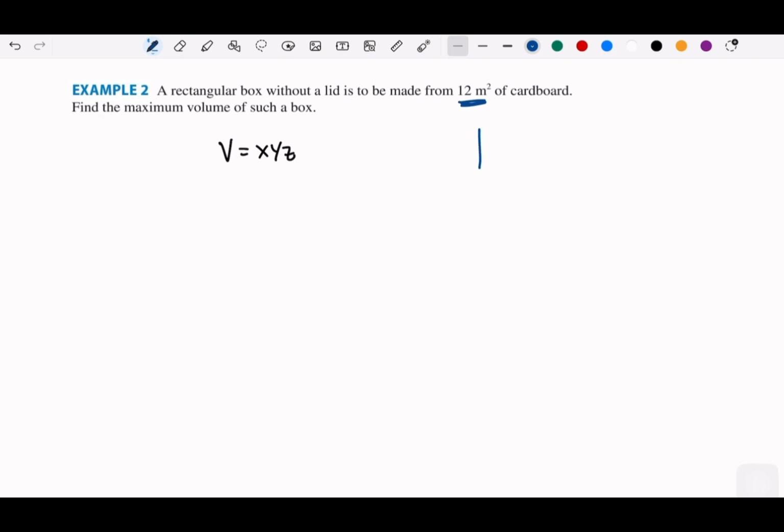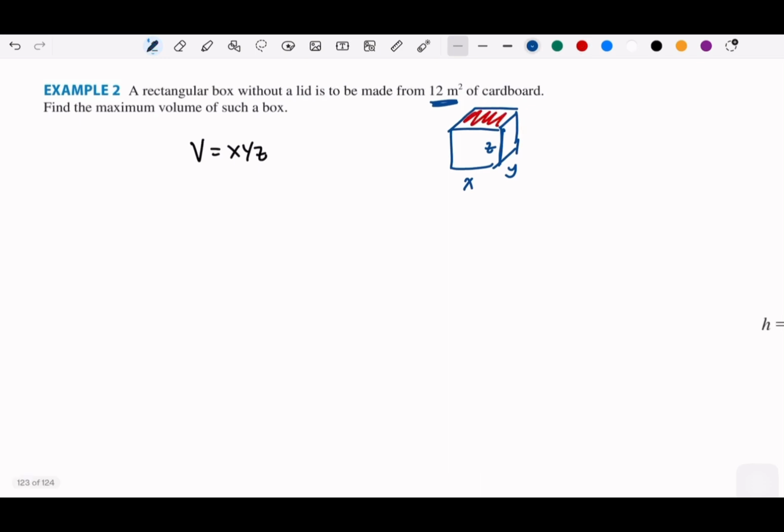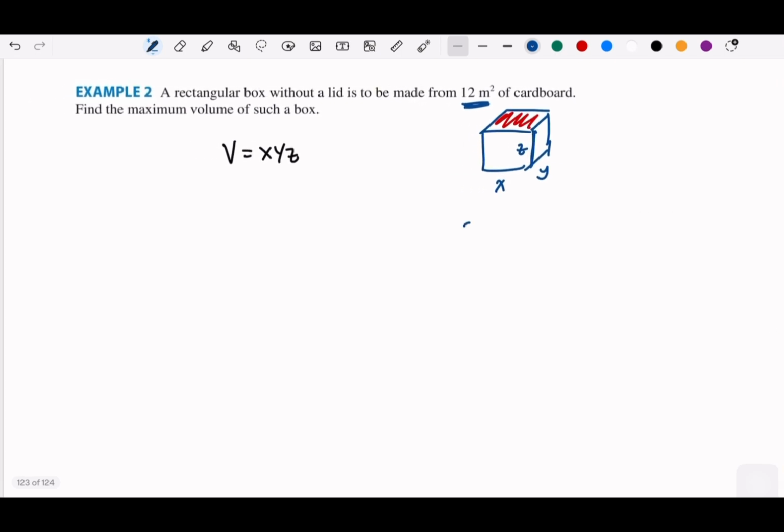So if you take the box like this, and suppose that this is x, y, z, the top will be empty, right? So no top, which means this will be 2xz plus 2yz, but only xy, because xy is only 1, right? This needs to be equal to 12. So this will be the constraint.